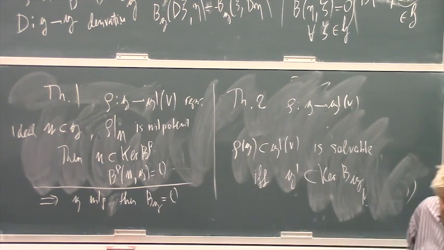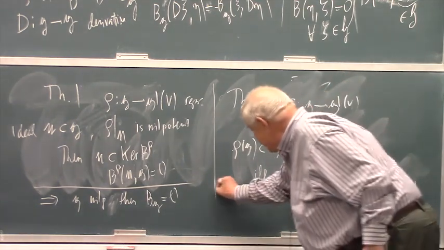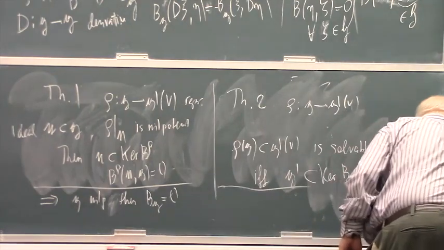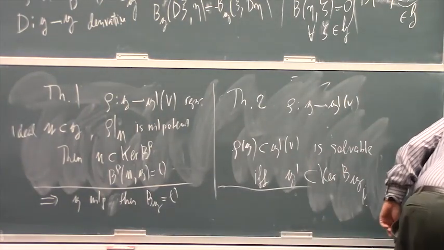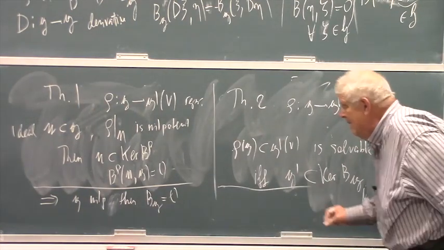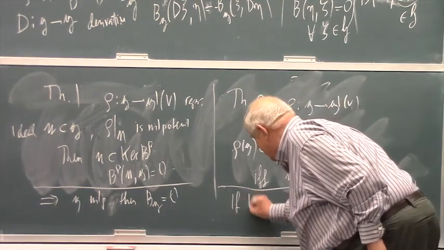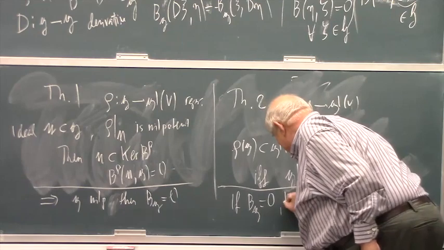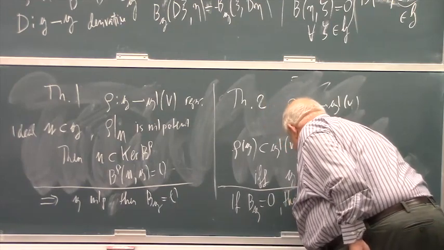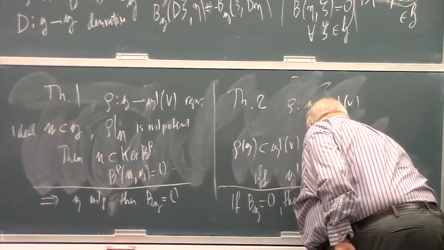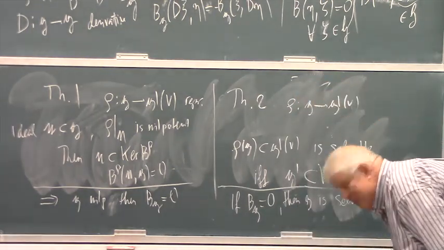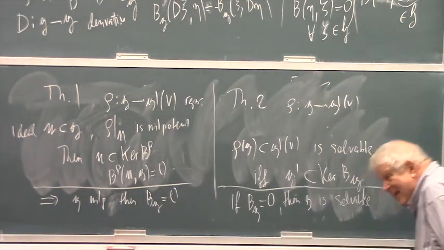From this, it is interesting to have these two statements written next to each other, because from this it follows that if Bg is 0, then G is solvable. Please feel free to compare these two statements.